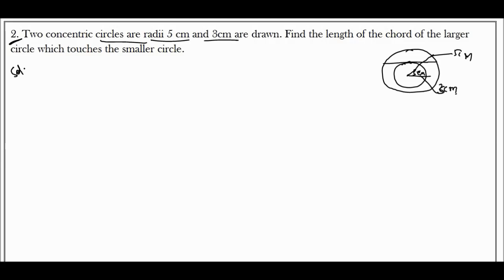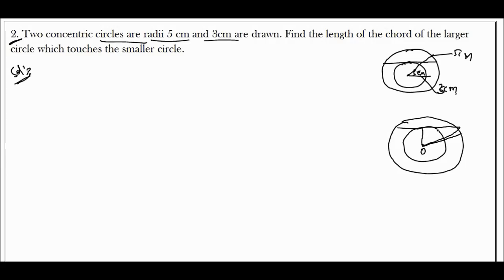So start with the solution. We take the diagram neatly. The larger circle first we draw here and a smaller circle like this. Okay. This is the point where the inner circle and outer circle have their center, O. So it is a chord here like this, and they are meeting here like this and this is the radius.